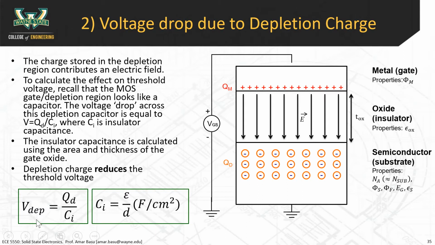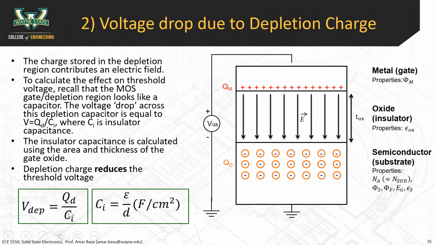Specifically, what that means is that the voltage drop is due to this depletion charge here. There's a set of depletion charge in the semiconductor substrate, which is negative, and then there's an equal amount of positive charge built up on the other side of the capacitor. These are the positive charges and these are the negative charges on the two sides of the insulating material, which is the oxide.